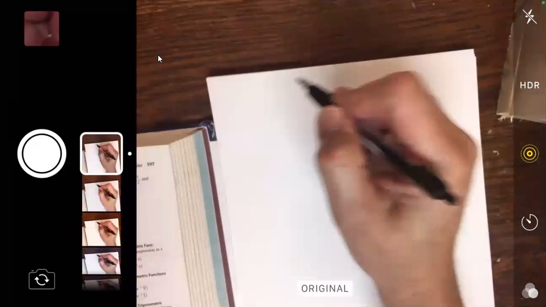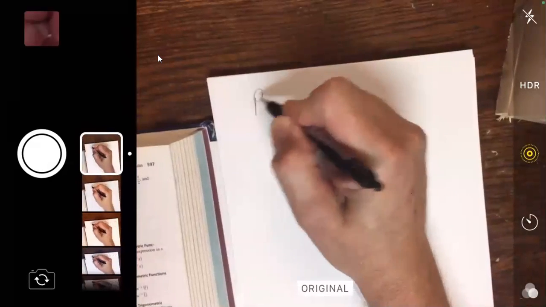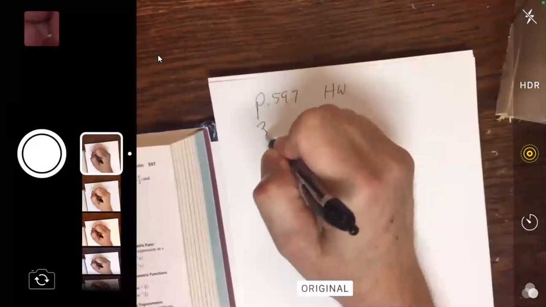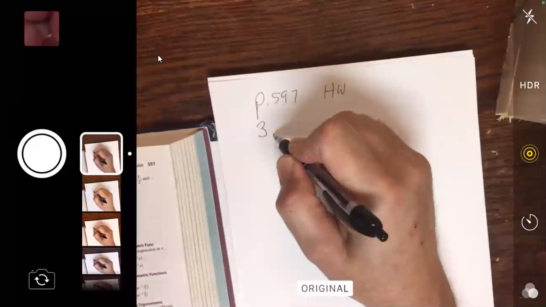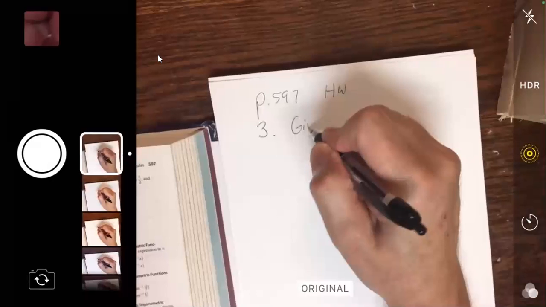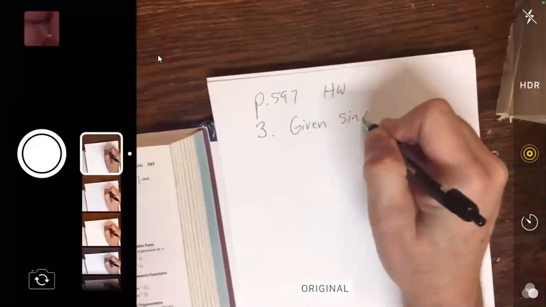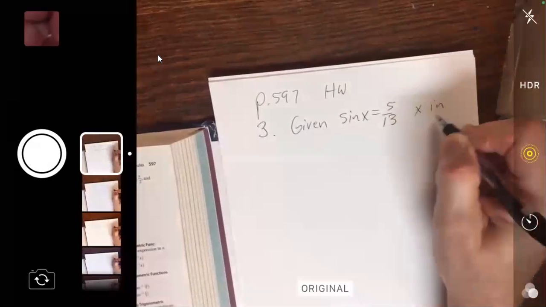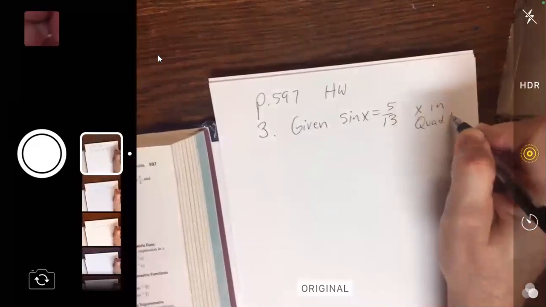All right, just to show you the kind of homework they're going to want you to do, page 597 off the homework. Guess we'll start with the first one, number 3. It's more of a project because you look, they're given sine of x is 5/13, x in quadrant 1.